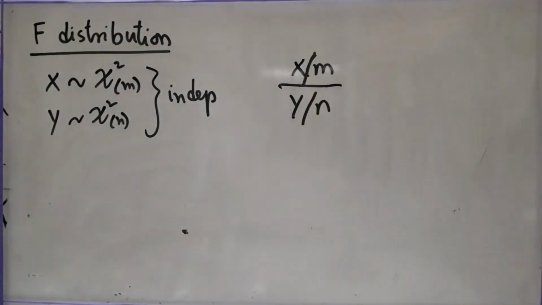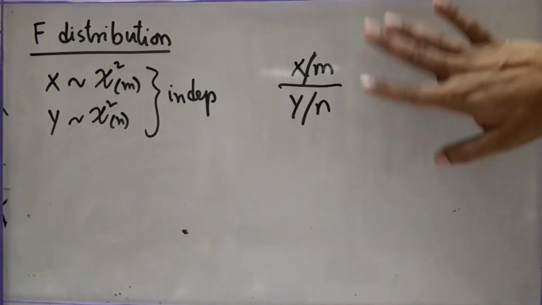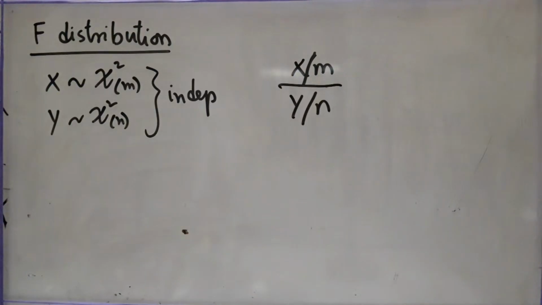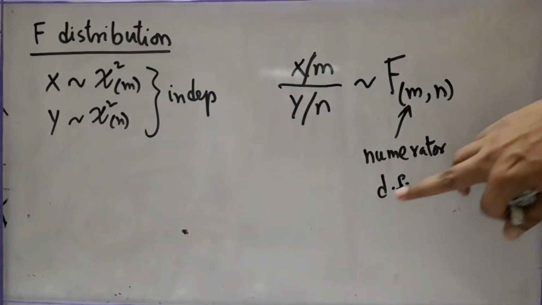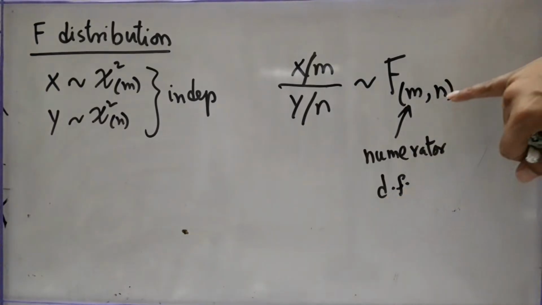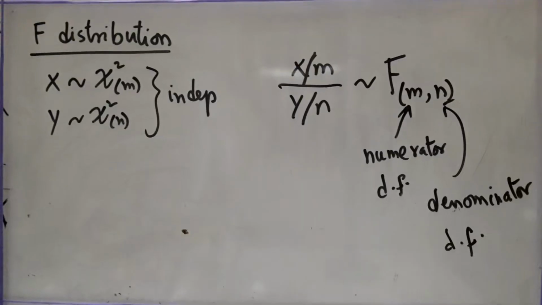Then this is the random variable, and we know all random variables have their own distribution. So this has a distribution. The distribution of this will be called the F distribution, where m and n are both its degrees of freedom, and to distinguish them, m will be called the numerator degrees of freedom and n is called the denominator degrees of freedom.